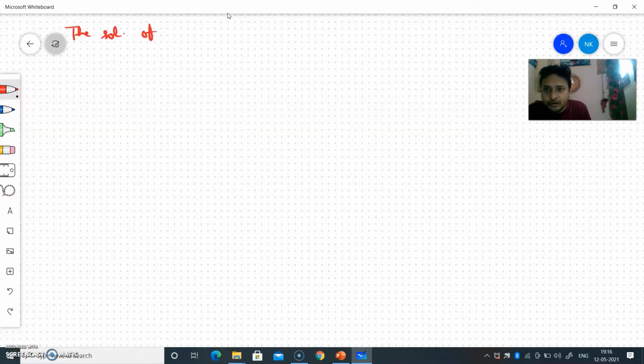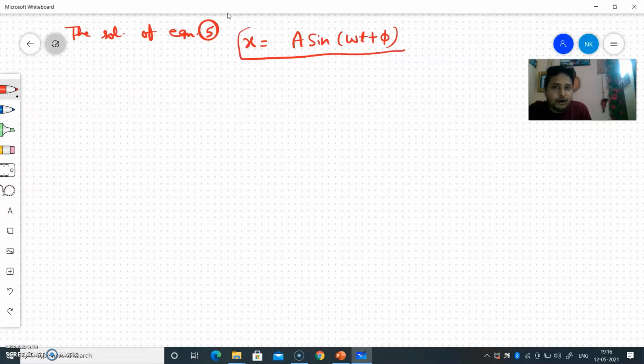The solution of equation 5 is given as x is equal to a sine of omega t plus phi. This is the solution for the displacement in terms of time, and this is equation number 6. How do we derive it? I need to derive the solution.